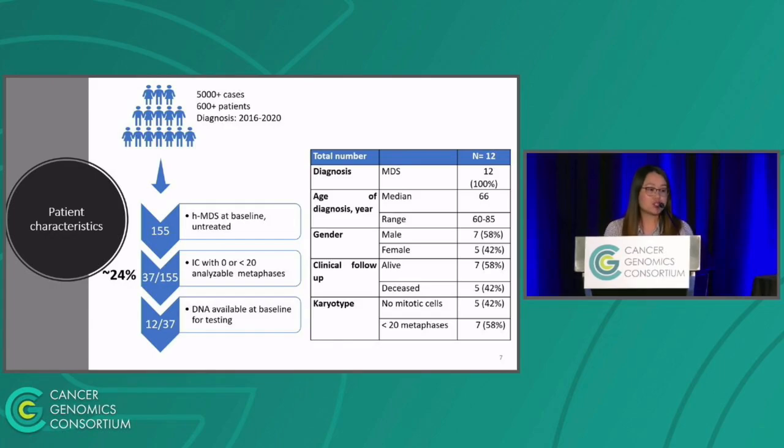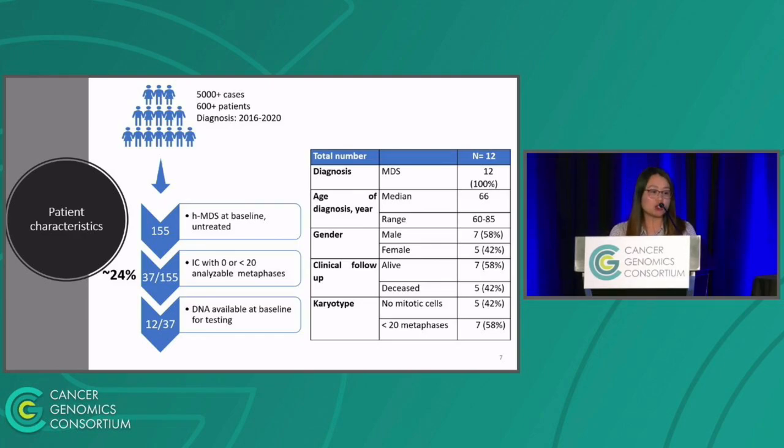For sample selection, we went through 5,000 database cases and more than 600 unique patient diagnoses between 2016 and 2020. We found a total of 155 hypoplastic MDS cases at baseline and untreated. 37 out of 155, up to 24%, had 0 or fewer than 20 metaphases, and 12 of the 37 had DNA available at baseline.